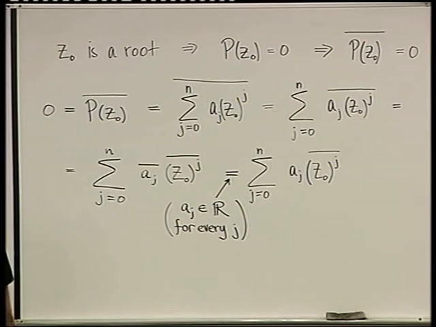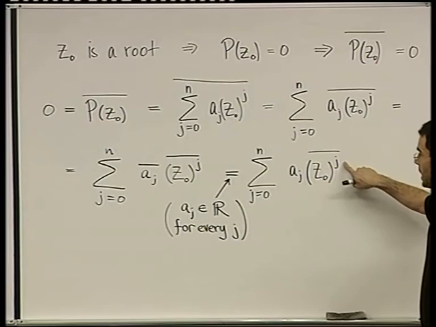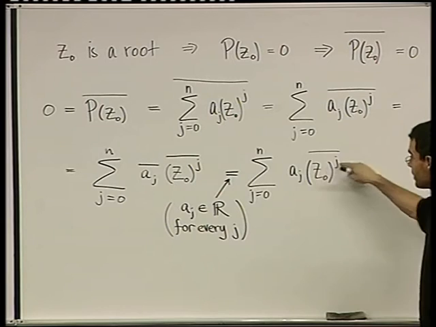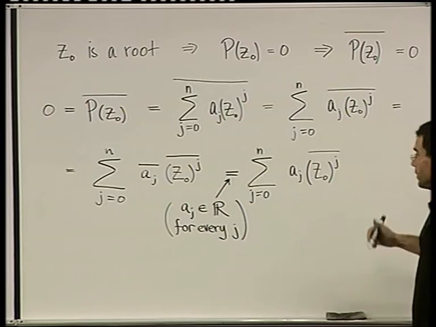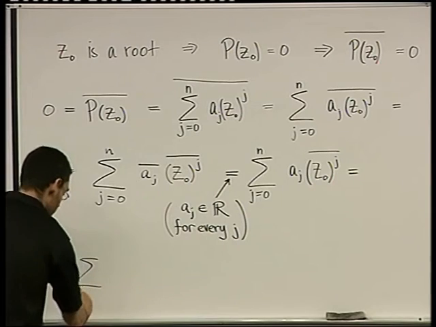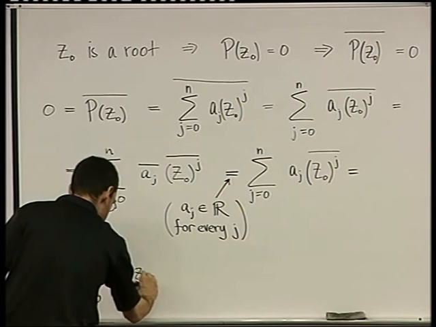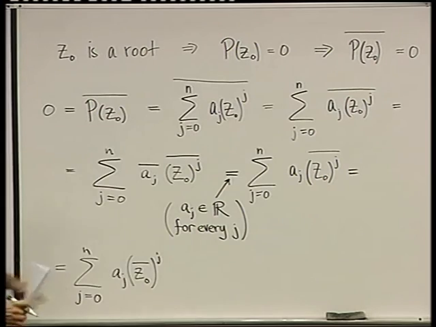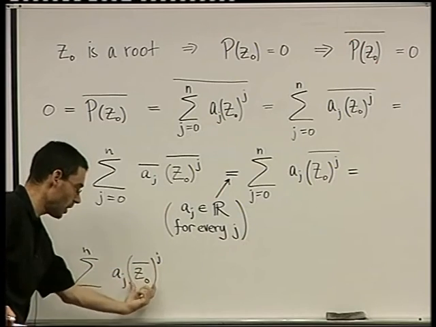Okay? Now, again, what is written here, z0 to the power j, is z0 times z0 times z0 times z0, j times. So it's a product, and I'm taking the bar. I can replace that with the product of the bars. So I can rewrite this as the sum, j equals 0 to n, of a_j times z0 bar to the power j. Bar, the conjugate of a product, is the product of the conjugates.